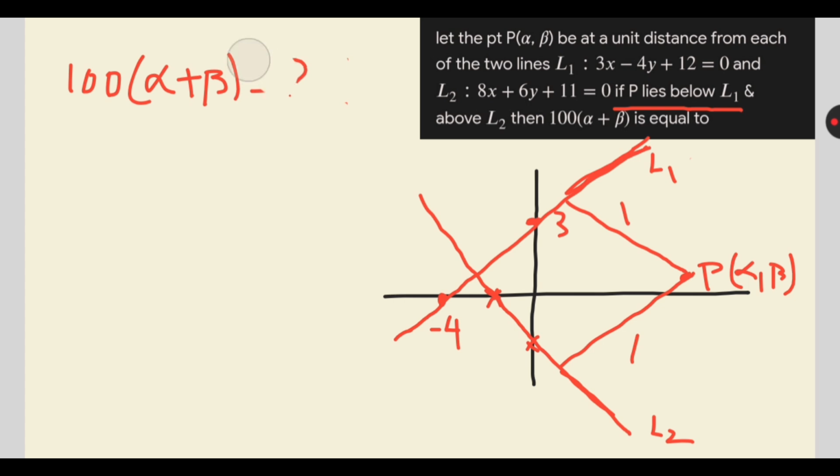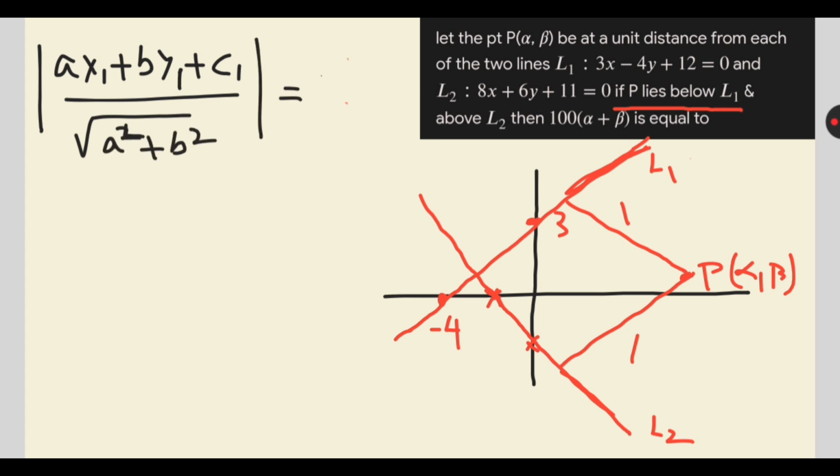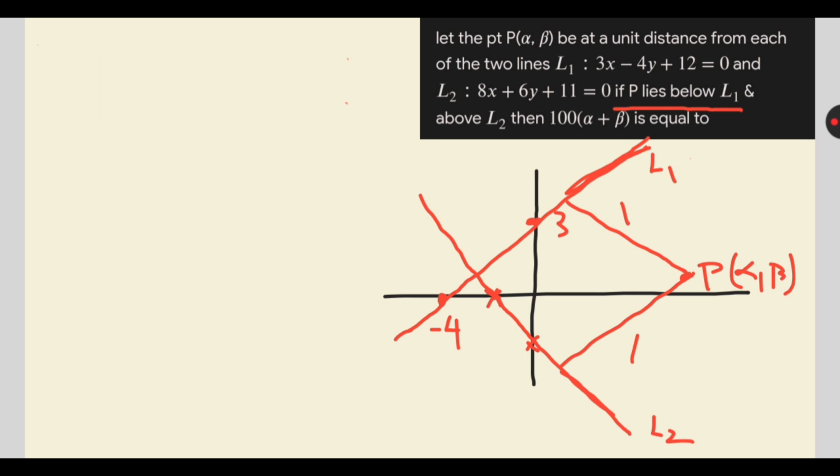So how can you find alpha and beta values here? And what they given, the point P alpha comma beta be a unit distance from each of the two lines. What is the formula for the unit distance? Modulus of ax1 plus by1 plus c1 over square root of a square plus b square, that is equal to unit distance, which is nothing but 1. So use this formula and write the L1 and L2 here. And it is a point of alpha comma beta.